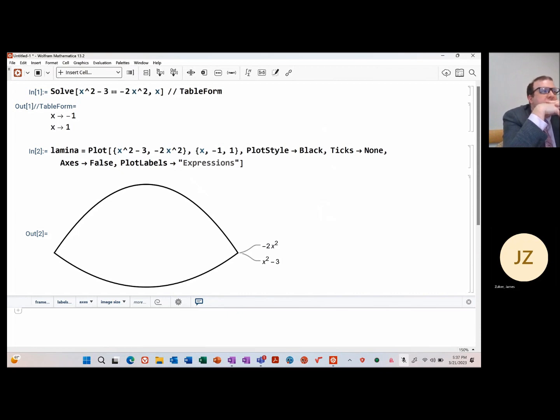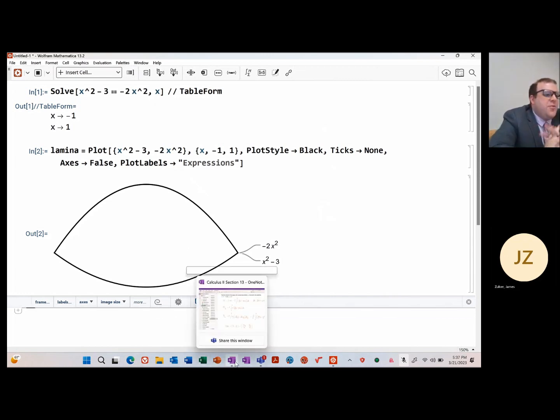So that is our lamina. I have the labels up there purely for reference. Over that interval, negative 2x squared is our larger function.